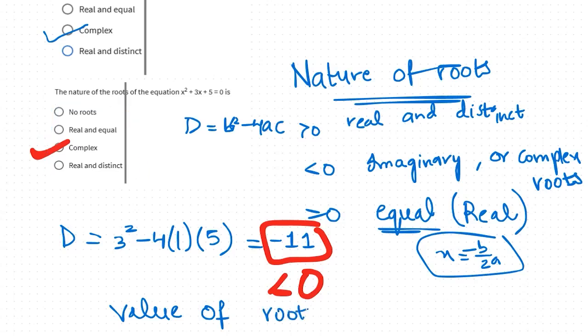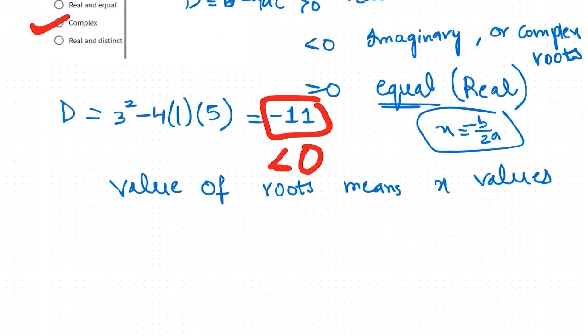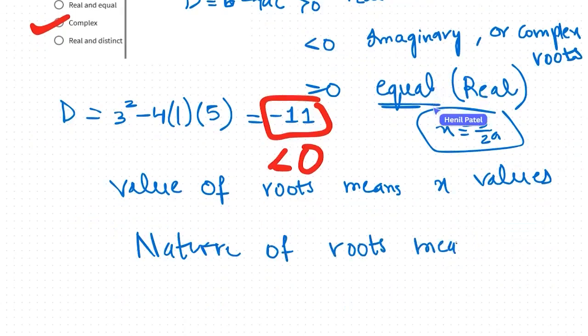So value of roots means x values, nature of roots means discriminant value. These are the key points I'm writing, so I suggest you revise the class notes also.